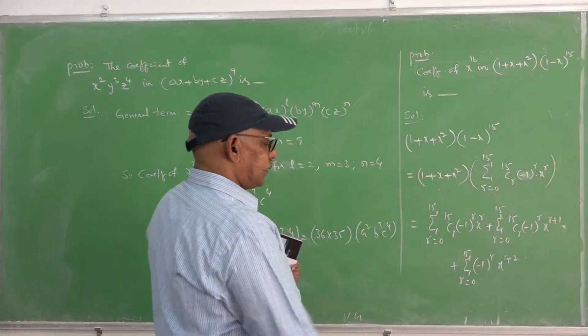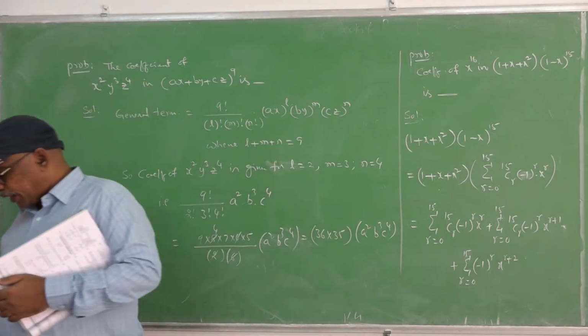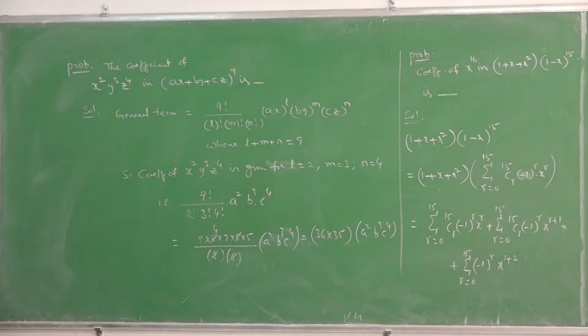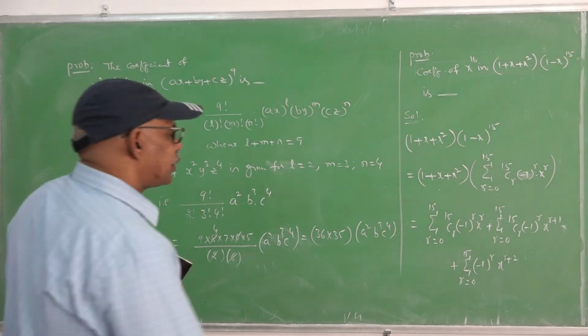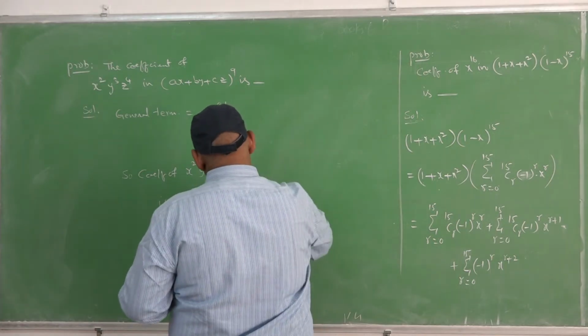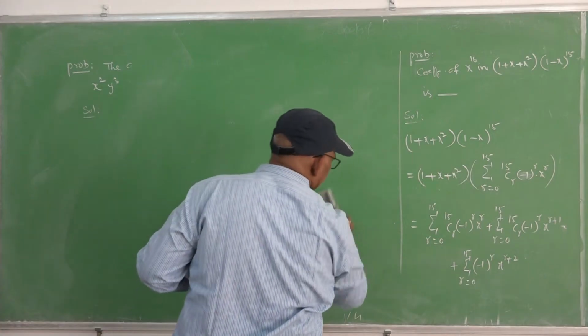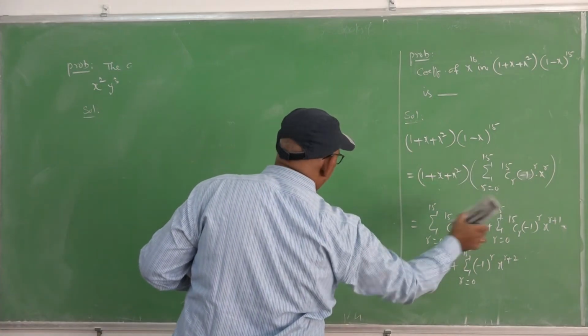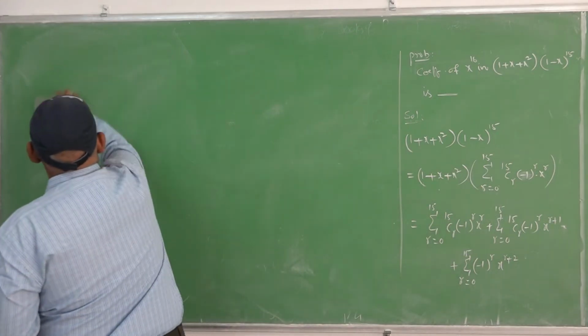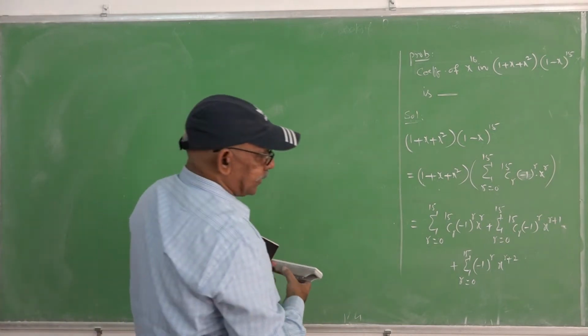In this one, observe, for what values of r we get x power 16 in these expansions. Each and every term consists of 16 terms with different powers of x.